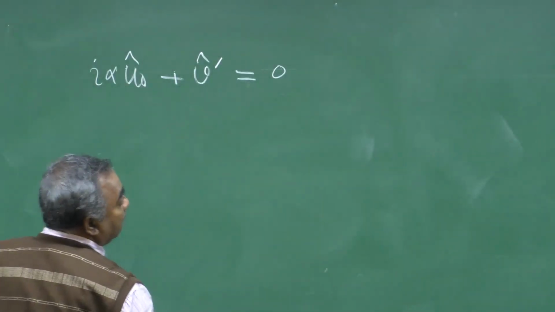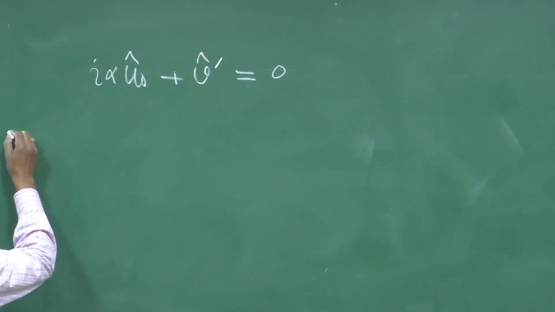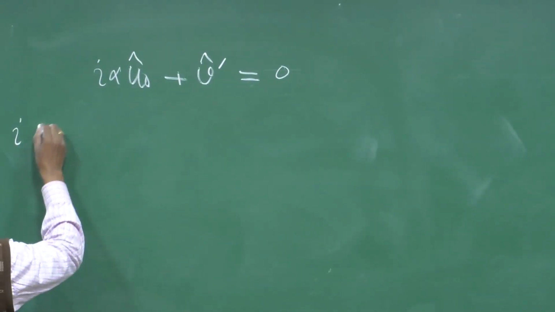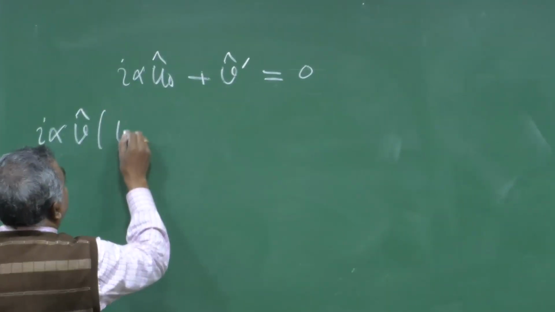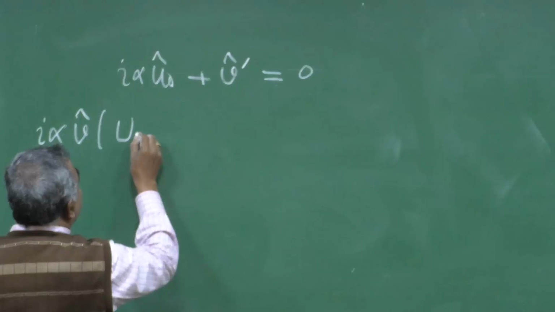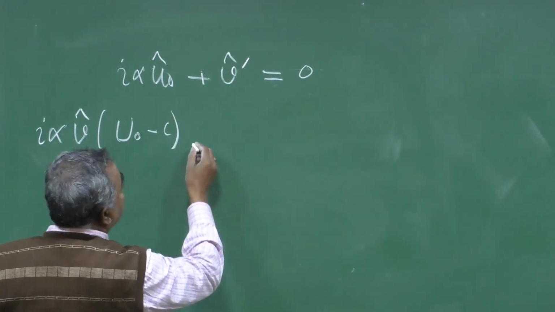Then let me write the y momentum equation, that is your I alpha v hat u naught minus c. Okay.